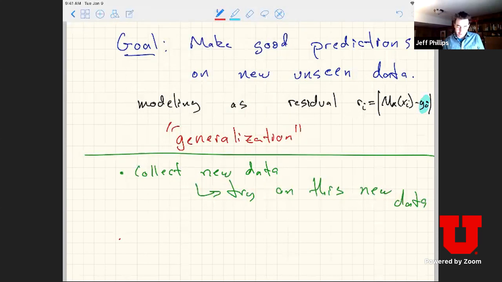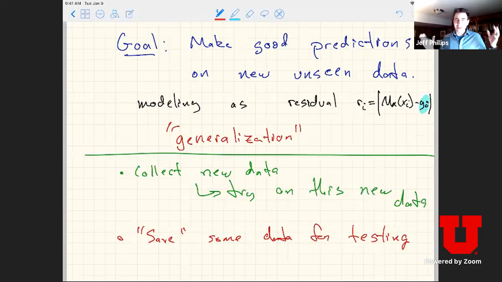The other way of doing this is to save some of the data for testing. If I'm not going to get any new data, the data I have is what I have to work with, and I want to know how well it's going to do, or I want to choose the best parameter, the right thing to do is to save some of the data. Take some of the data and put it aside, don't build the model on it, and use that just for this evaluation part.